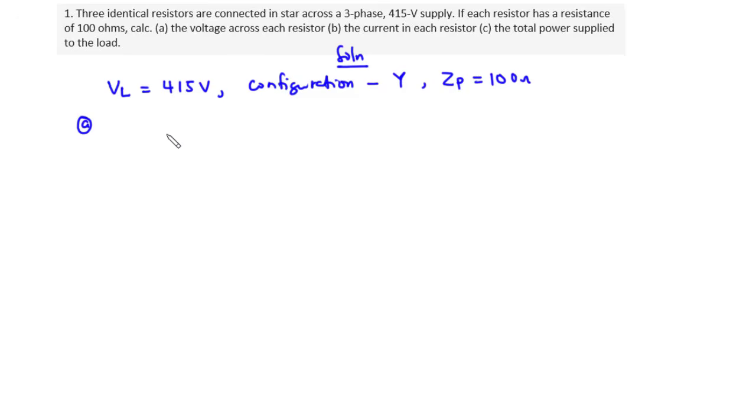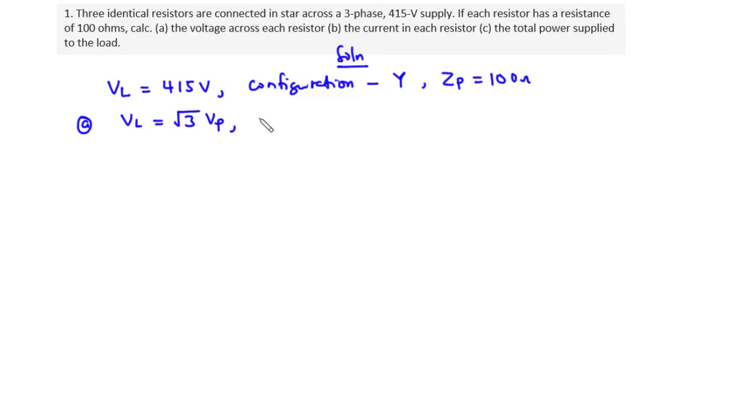So A, we are asked to find the voltage across each resistor. Now the voltage across each resistor means that we are asked to find the voltage in each phase, or the voltage per phase. Now considering a star configuration, we know that the line voltage is equal to root 3 times the phase voltage.